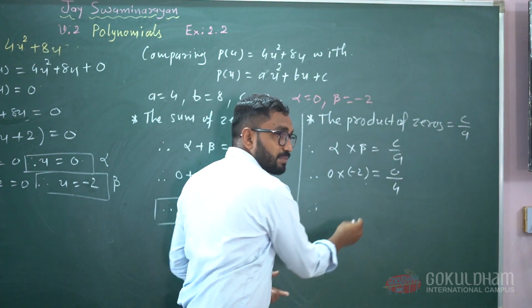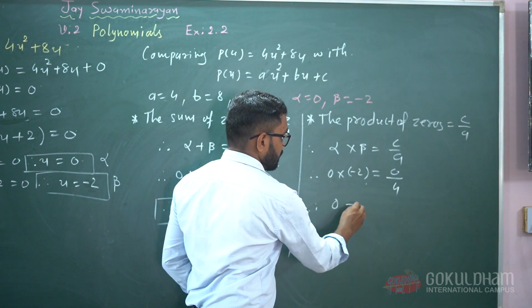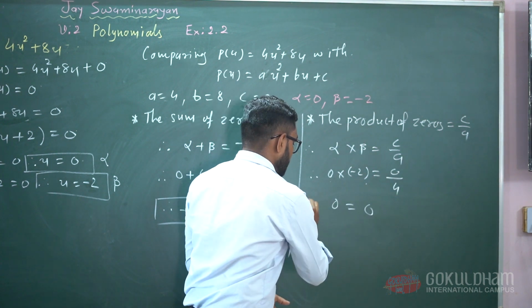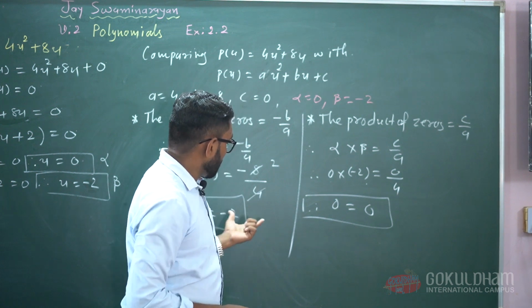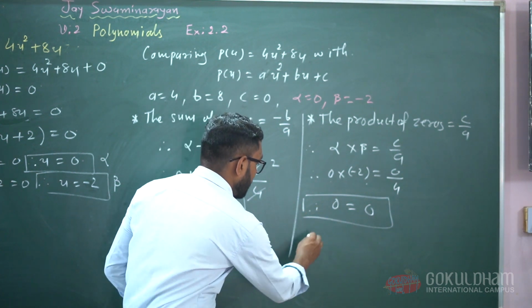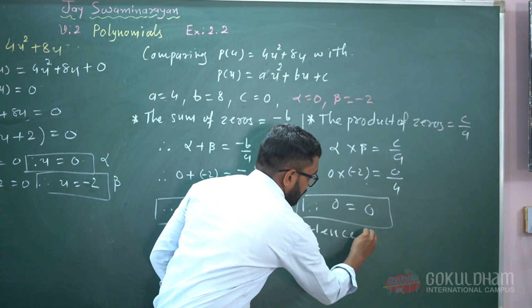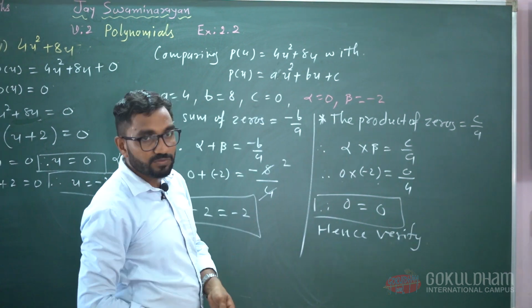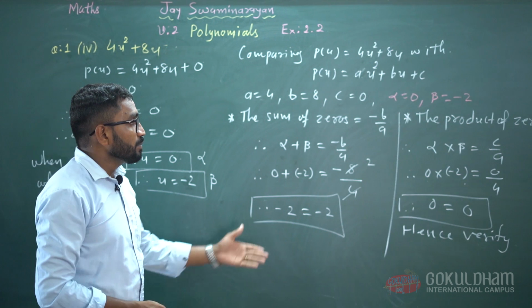Zero multiplied by any number is 0, and 0 divided by any number is also 0. So both values are the same, hence it is verified. We verified the relation between zeros and coefficients.